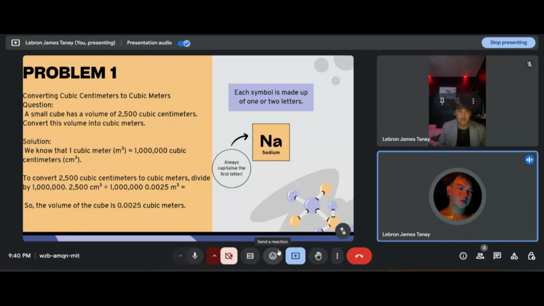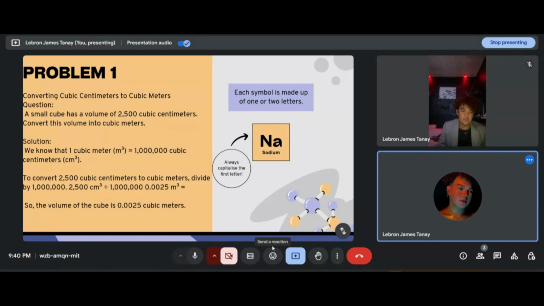The solution that we're going to use is, we know that 1 cubic meter, or m to the third power, is equal to 1 million cubic centimeters. To convert 2,500 cubic centimeters to cubic meters, divide by 1 million.